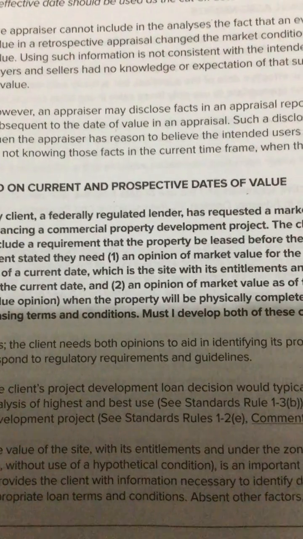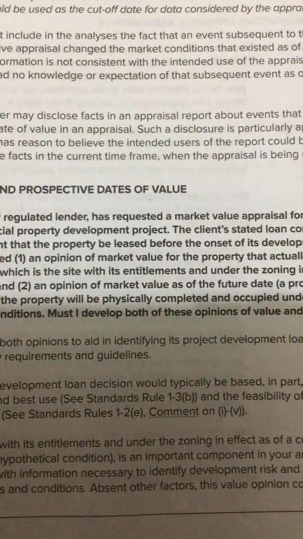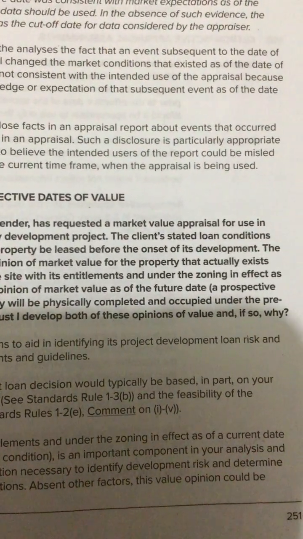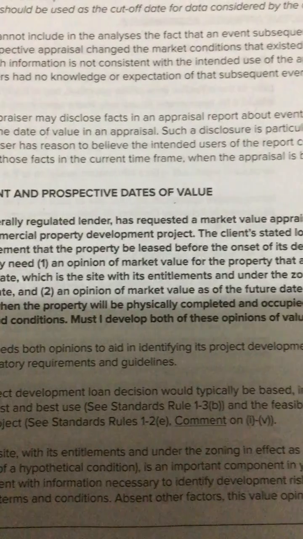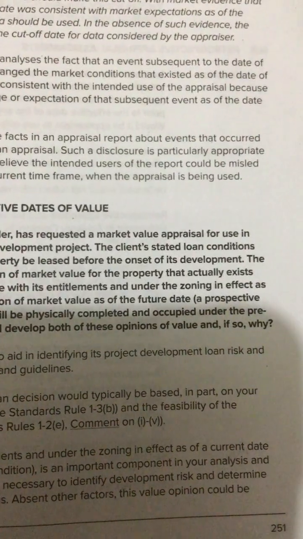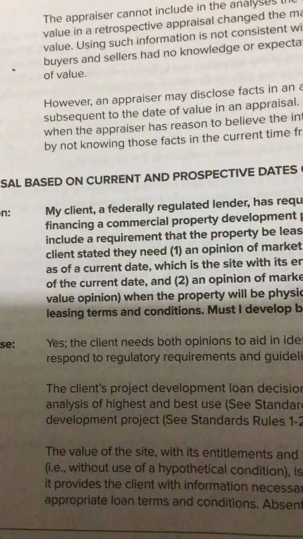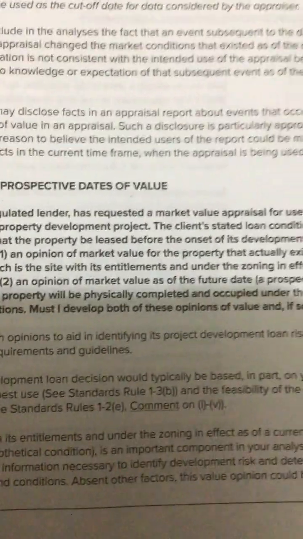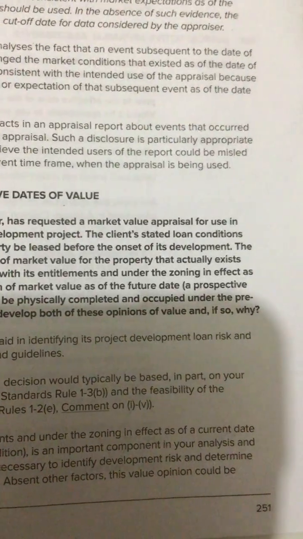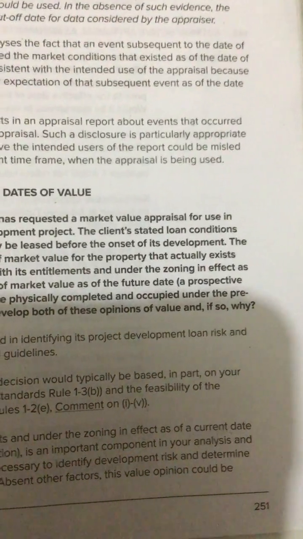And number two, an opinion of market value as of the future date, a prospective value opinion, when the property will be physically completed and occupied under the pre-leasing terms and conditions. Must I develop both of these opinions of value? And if so, why?